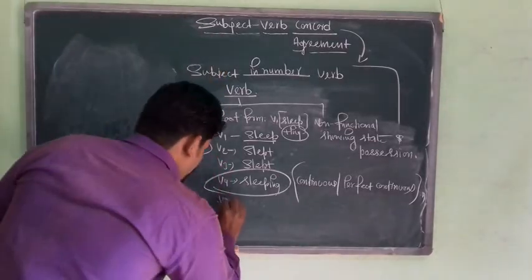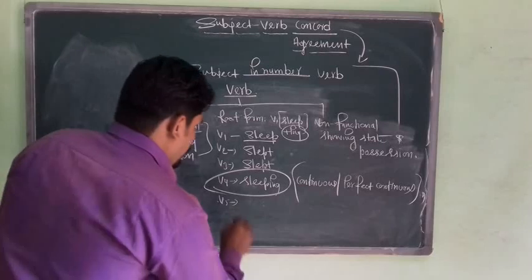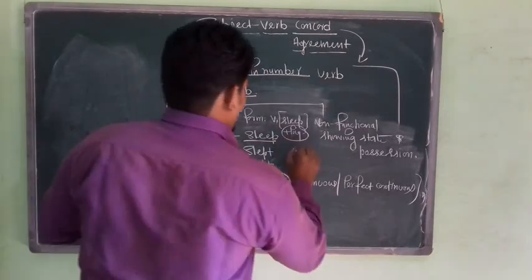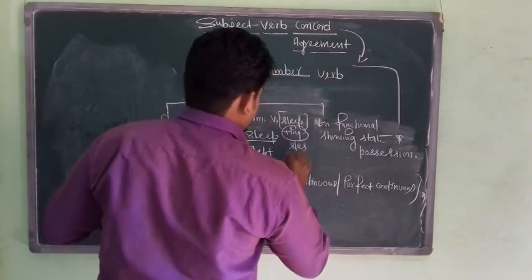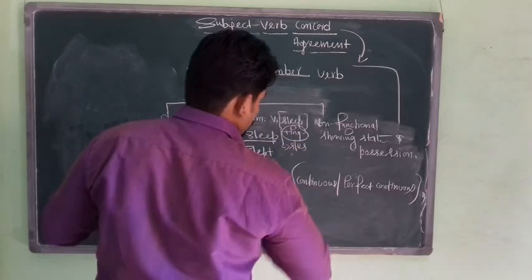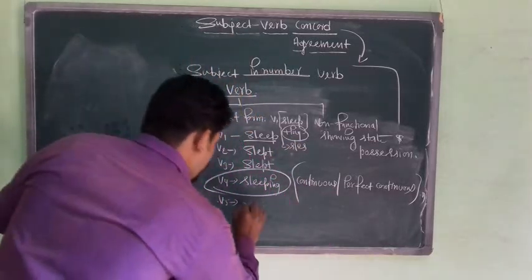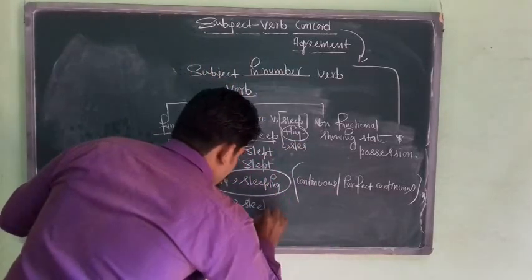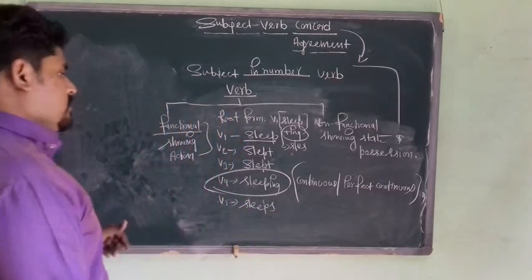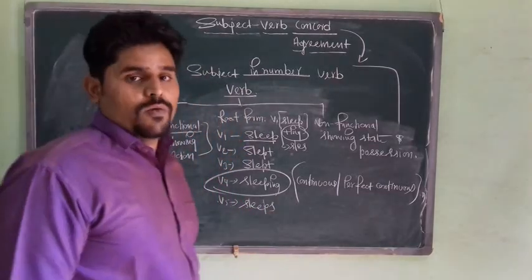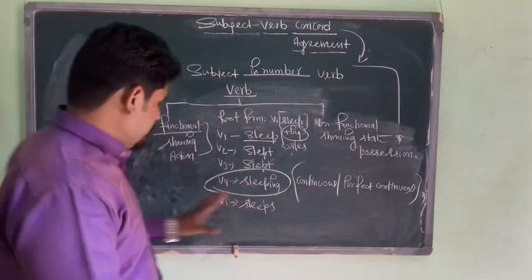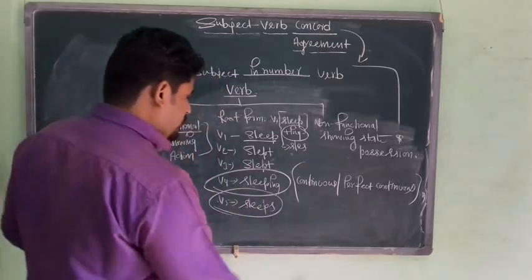Now, let us discuss the fifth form of the verb. When you add s or es to the root form of a verb, it becomes the fifth form. It becomes sleeps. Sleeps, this is the fifth form of verb. And where is this fifth form used, students?